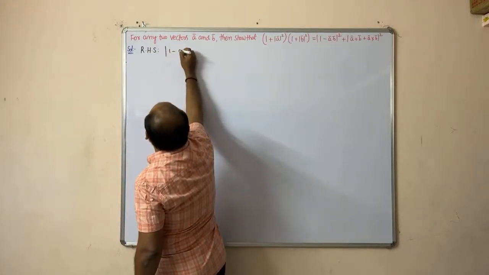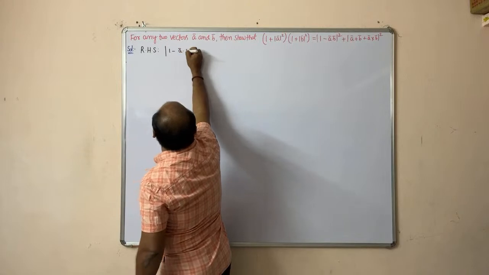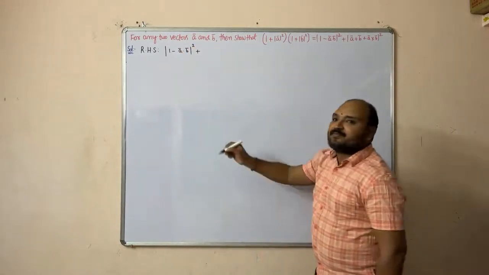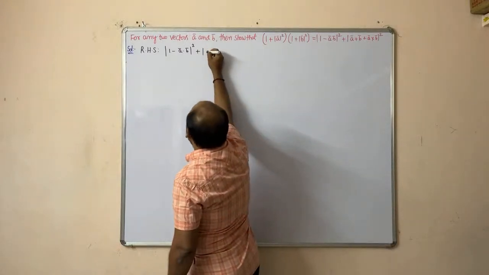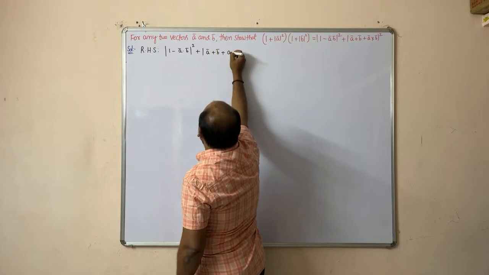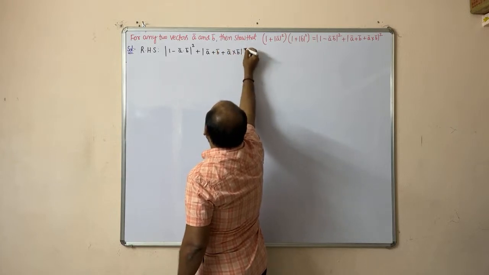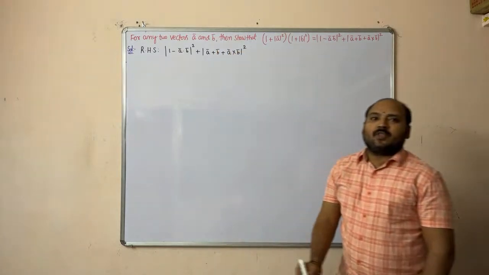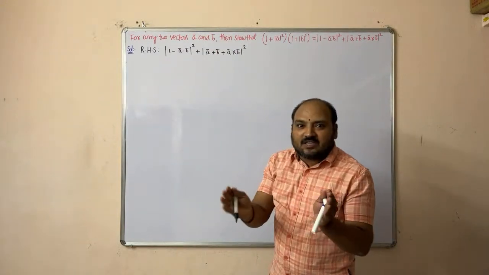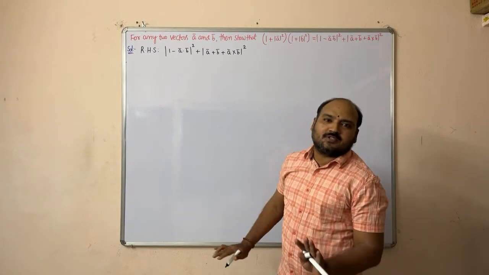1 minus A bar dot B bar whole square plus mod of A bar plus B bar plus A bar cross B bar whole square. The first term in this expansion, A minus B whole square expansion, I am doing, dear students.